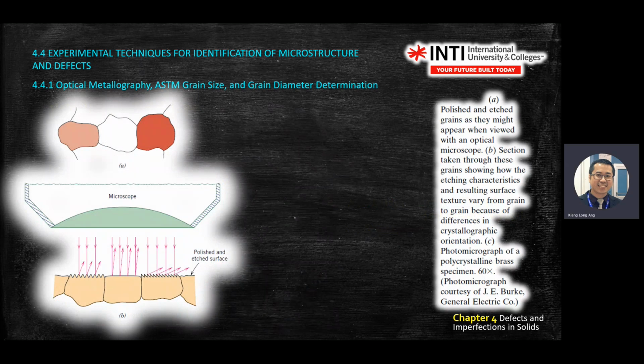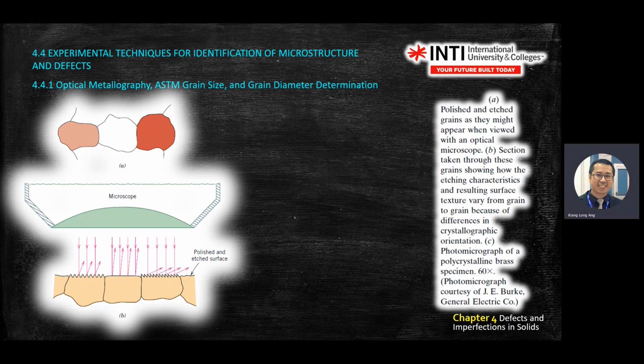Okay, then the next one is observation under microscope. Because of the type of the surface that you have, some got etching, some don't have etching. You will see different color under microscope.